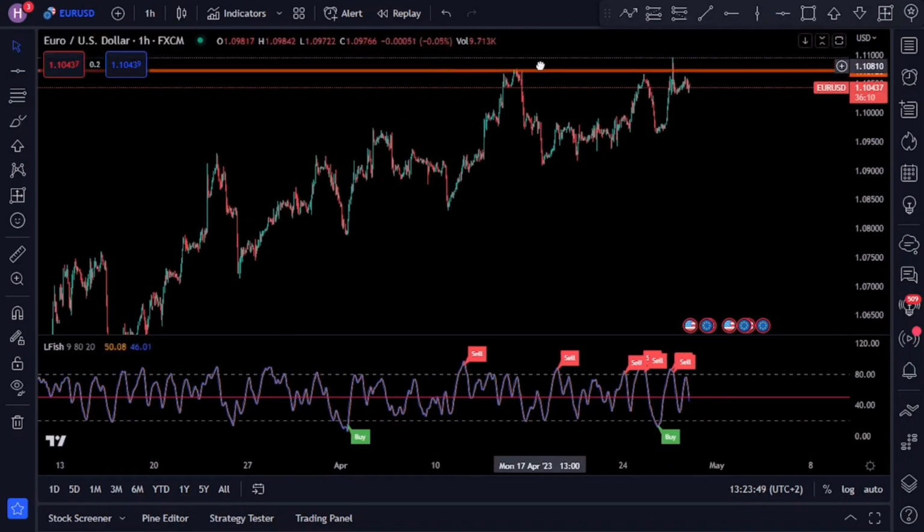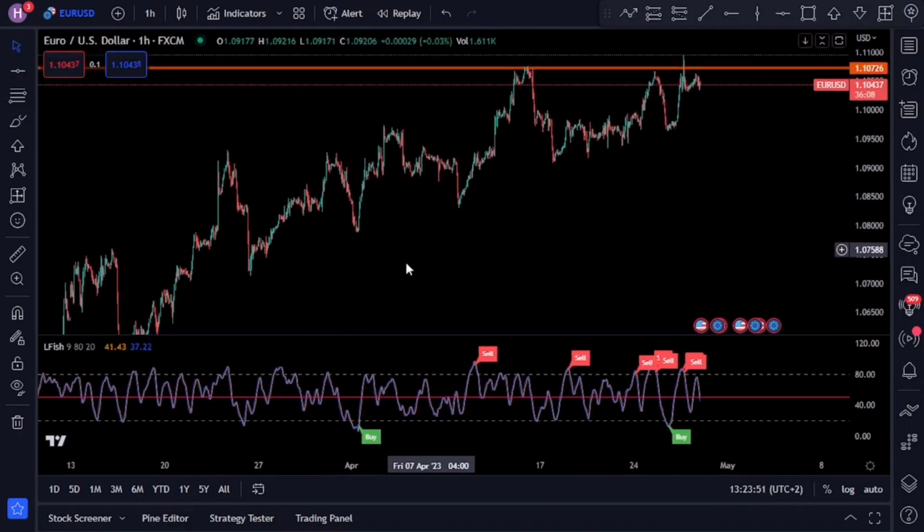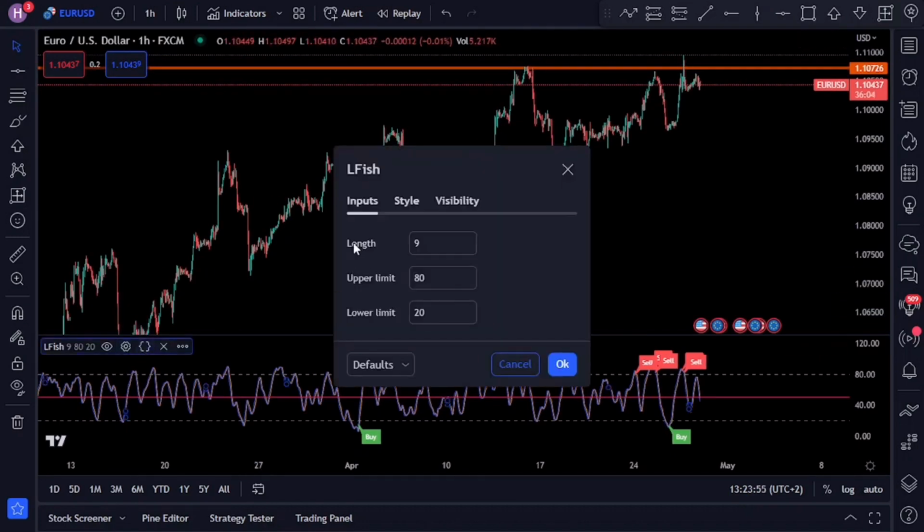Next, we are going to make a couple of adjustments to the indicator to get even better results. All that we are going to do is go to the settings and under the input section, change the length from 9 to 10 and the upper limit from 80 to 70 and the lower limit from 20 to 30.